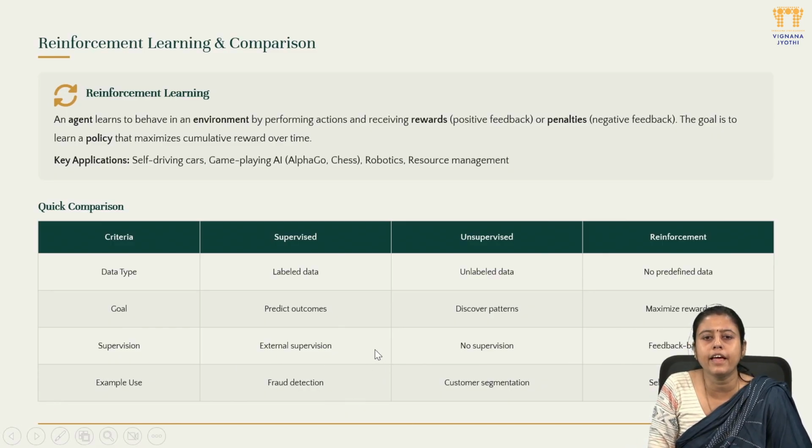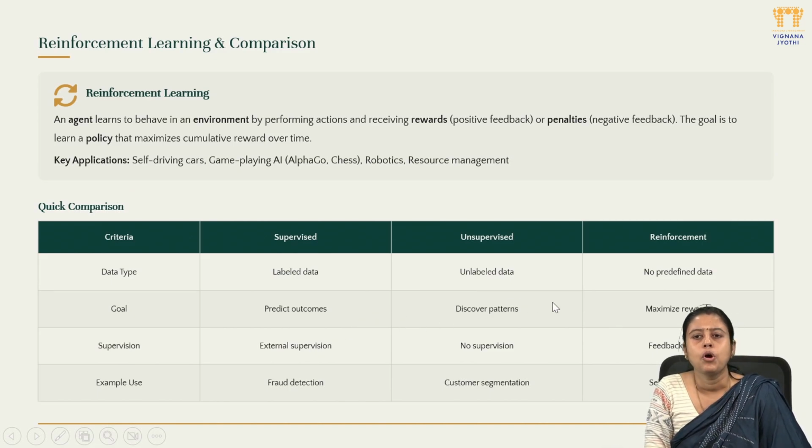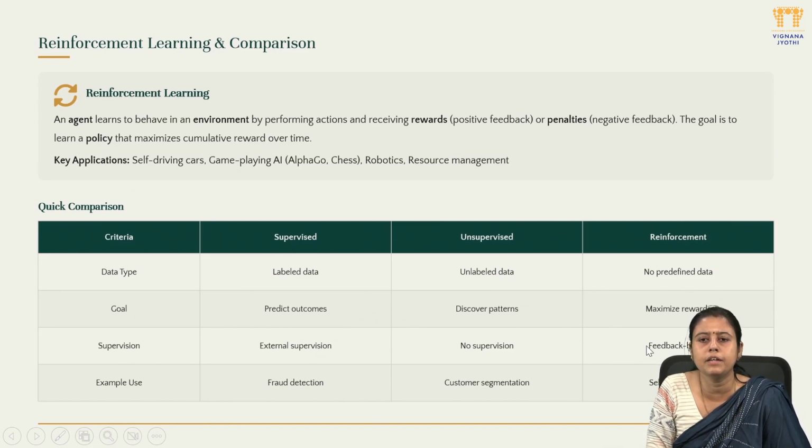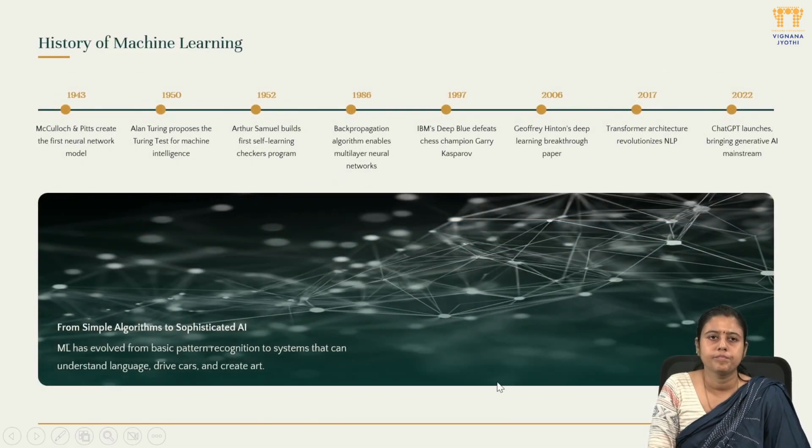Supervision: supervised has external supervision, the machine learning engineer has to check every time. For unsupervised, there is no supervision; it understands based on the pattern and gives the output. Reinforcement learning depends on feedback. What are the examples? Fraud detection, customer segmentation, and self-learning.